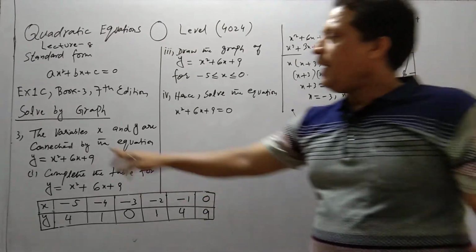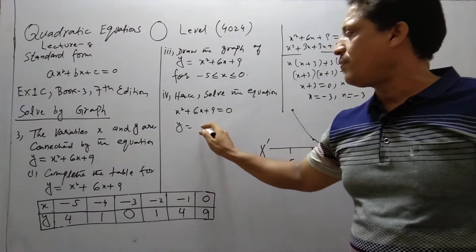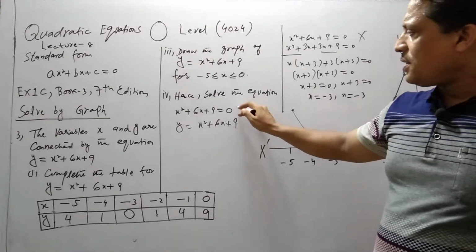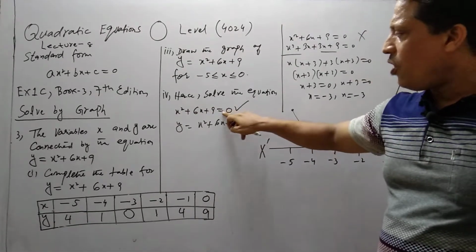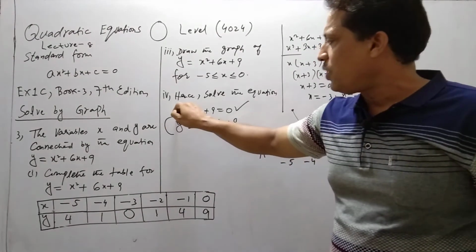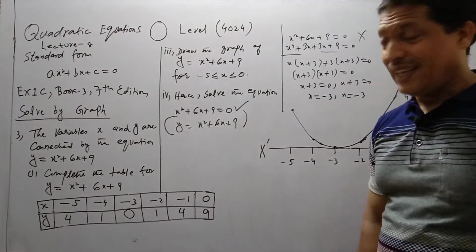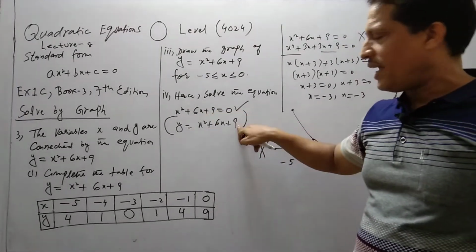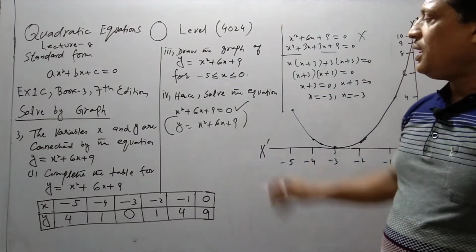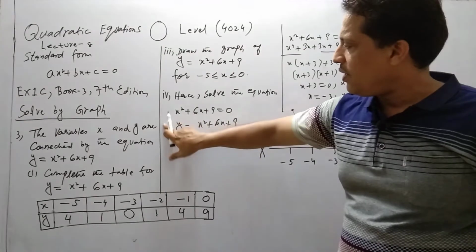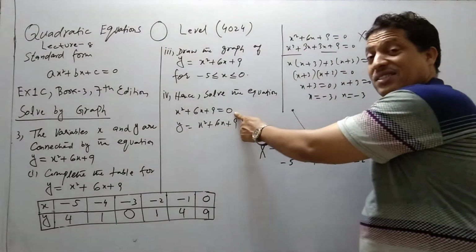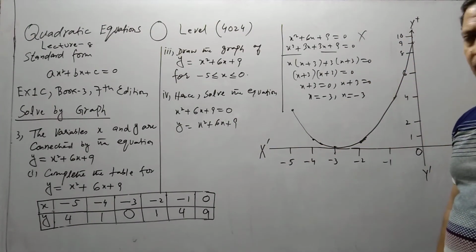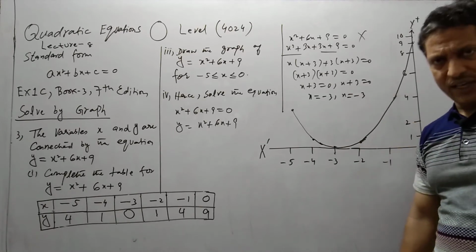It's very easy. Take your curve y is equals to x square plus 6x plus 9. This is our requirement. So what is the difference between these two equations? The only difference is x square over here, x square over here, 6x, 6x, 9, 9, and 0 and y. It means in this case, where we have to solve the equation, the value of y is 0. So where the value of y is 0, I told you on the x-axis the value of y is 0.